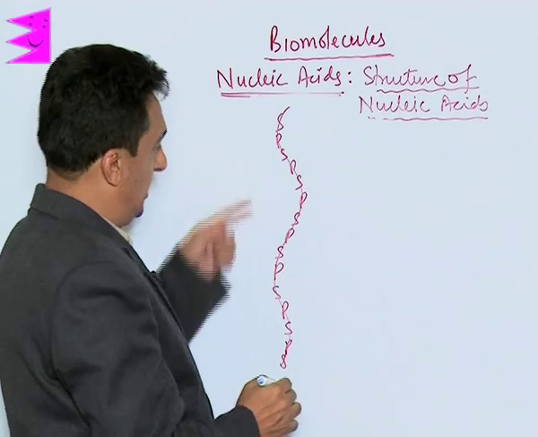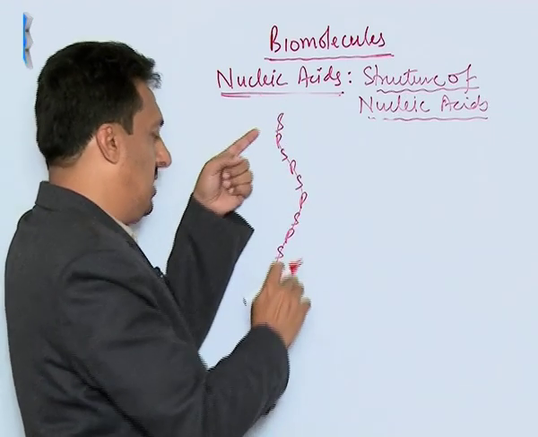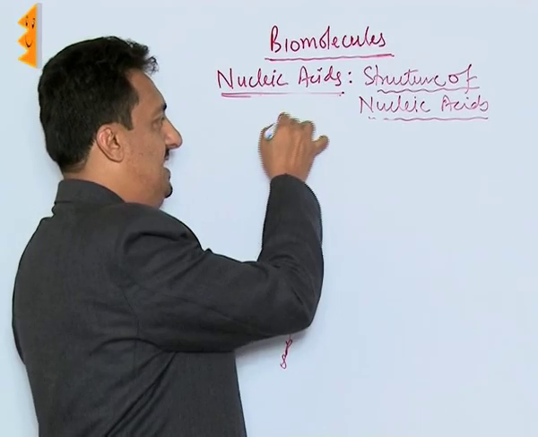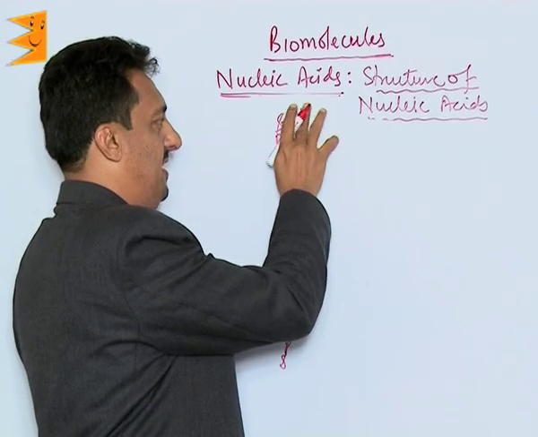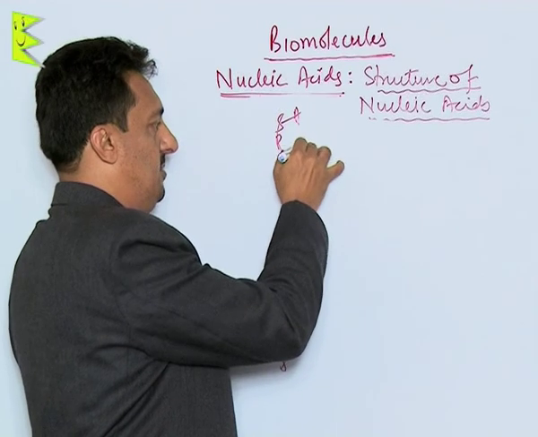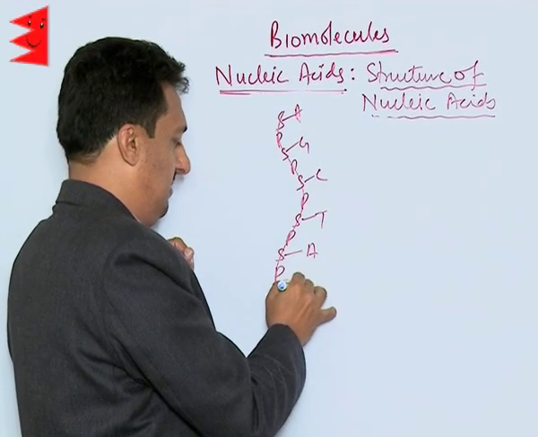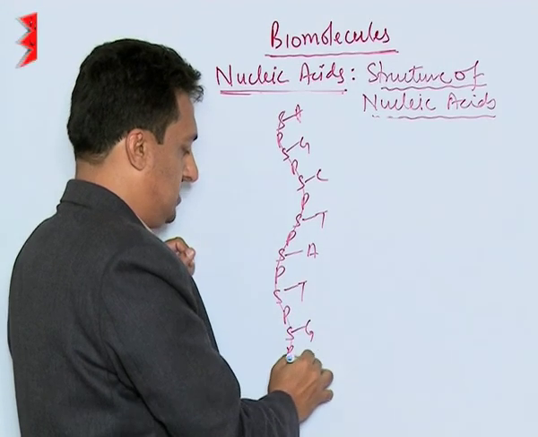So this is how the chain goes. It starts from a sugar, ends at a sugar, linked to each other through phosphorus, and each sugar is having a nitrogenous base, maybe the adenine, a guanine, cytosine, thymine, adenine, thymine, guanine, cytosine, whatever it is.